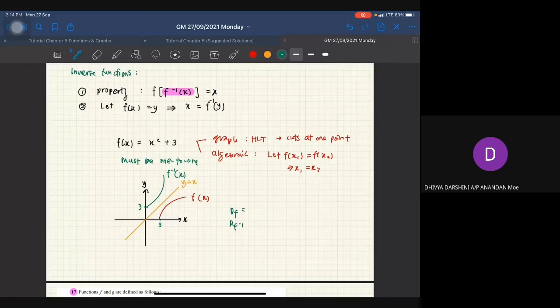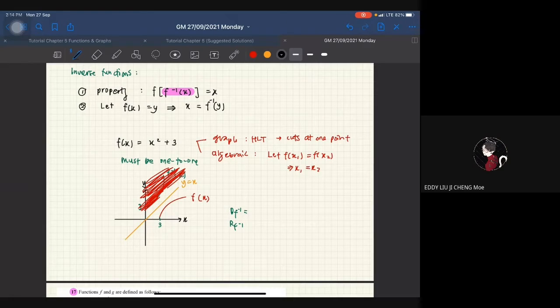Macam mana awak nak cari domain of f inverse? Given that awak ada function yang warna merah tu. Any idea? Find the domain and the range of the original.